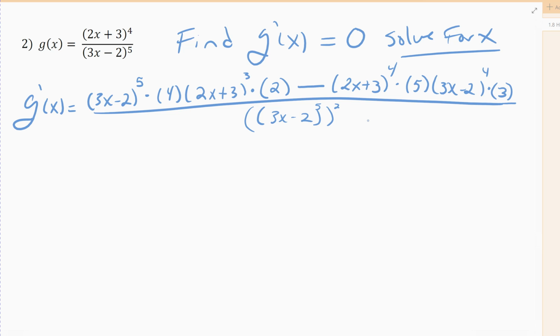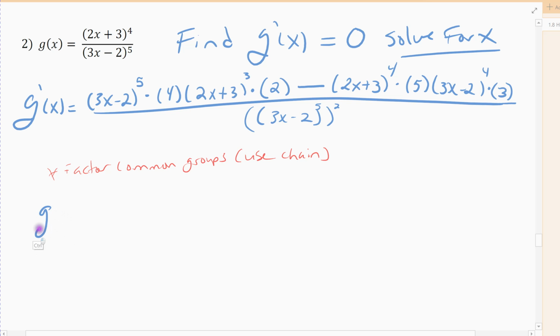Alright, now simplifying this, remember when we simplify, we factor out the common groups. They have two common groups, right? Those are the groups we use the chain rule on. And I should have one left over once I do. So once I factor out, there should always be one group left over somewhere.